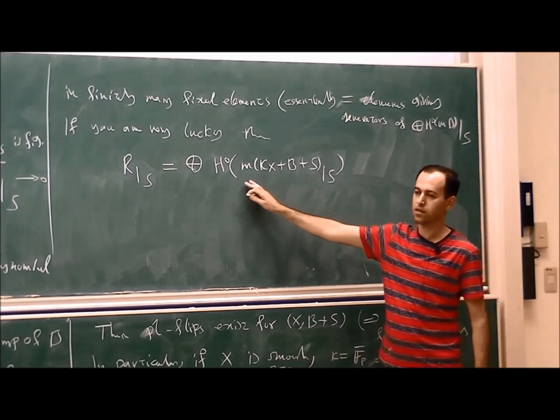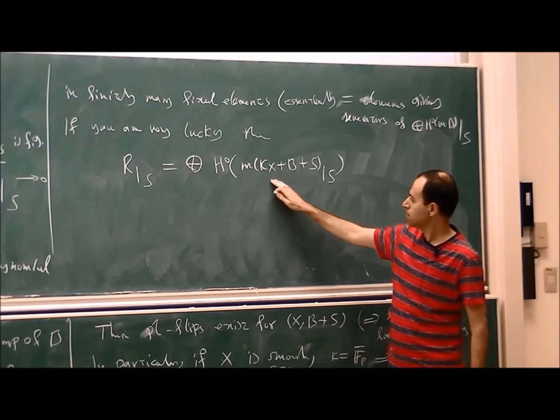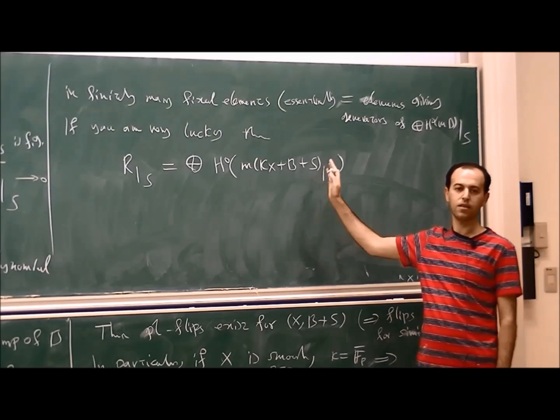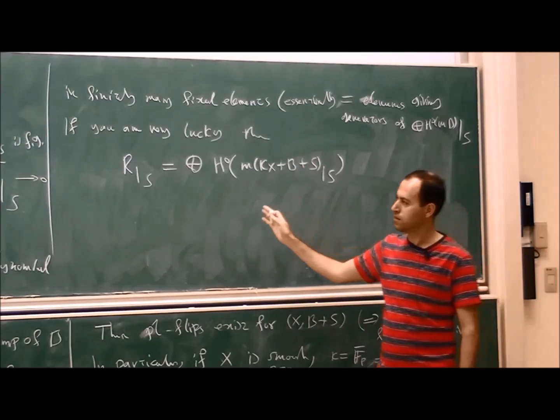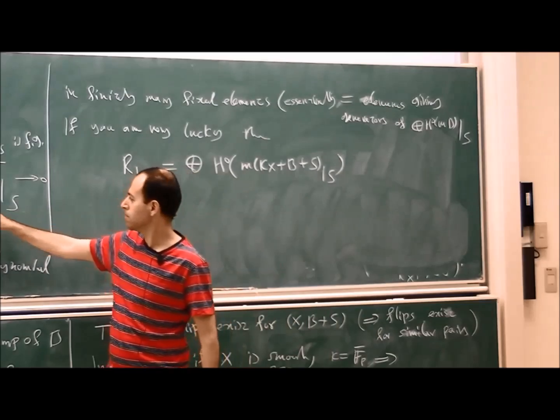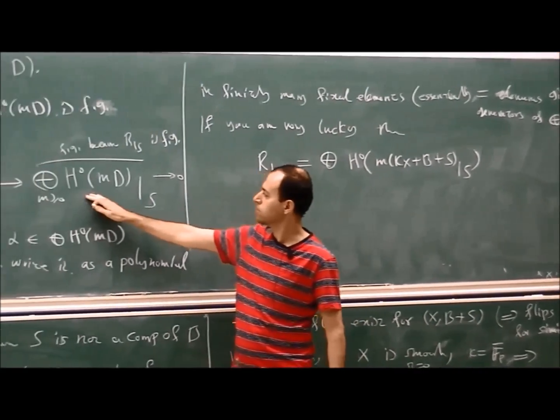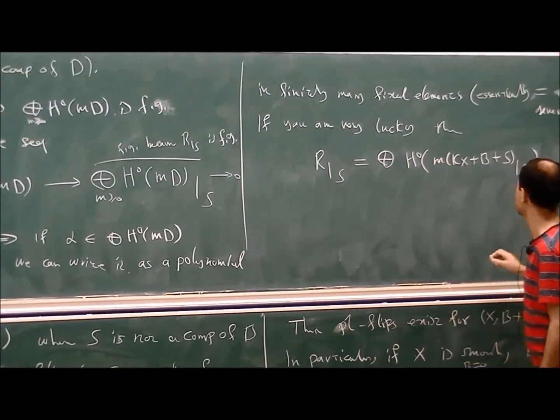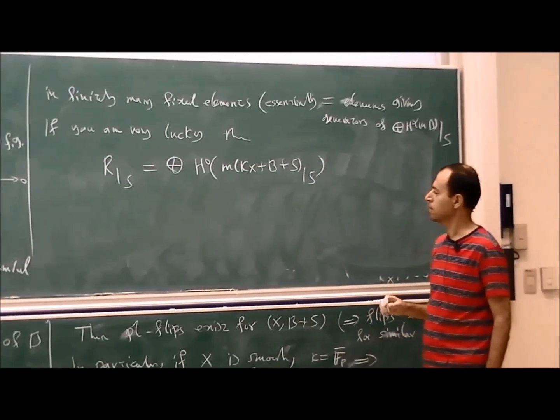So here there is a subtle difference. Here I restrict the divisor first, I take the section of that. But here there is a completely different thing. Here I take the section first, then I restrict the rest. So these are not the same objects.